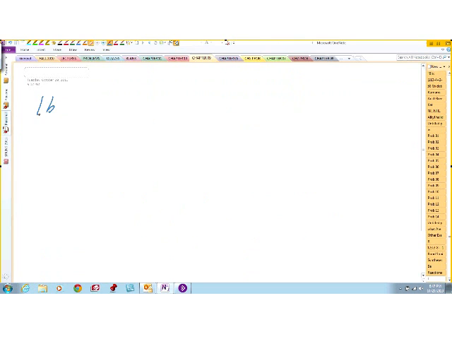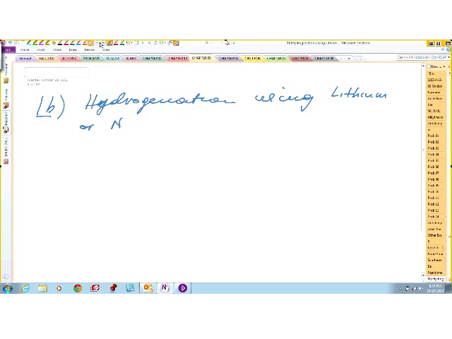Let us look at B. Okay, I said this will be hydrogenation using lithium or sodium in ammonia to give a trans-alkene.